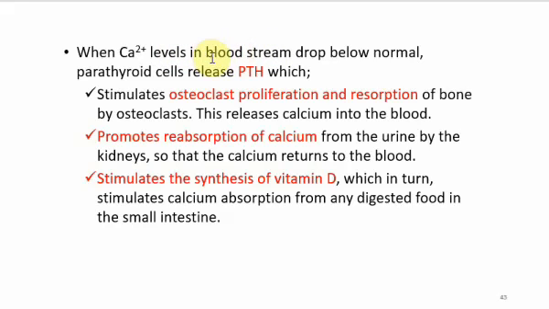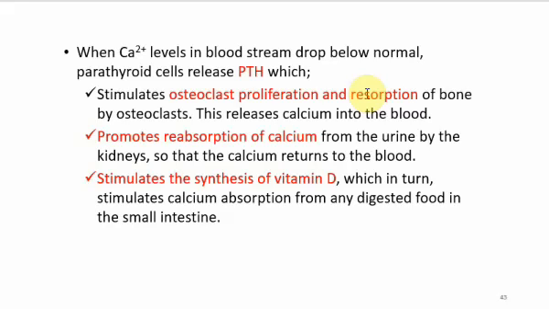In such a case, your parathyroid gland cells will release more parathyroid hormone, PTH, which will have the following effects in your body. One, parathyroid hormone will stimulate osteoclast cells to proliferate, and also stimulate resorption of bone by osteoclasts. Now, resorption, remember, refers to a breakdown of bones or digestion of bones, releasing the mineral composition in those bones.